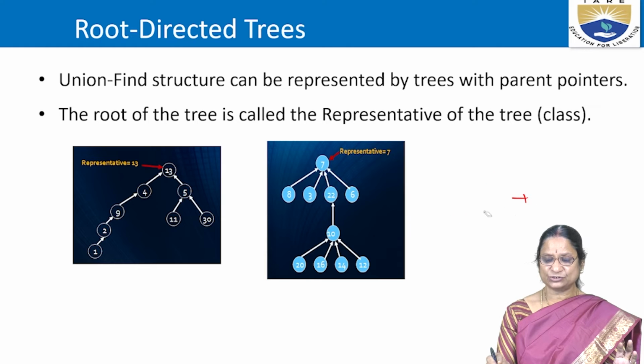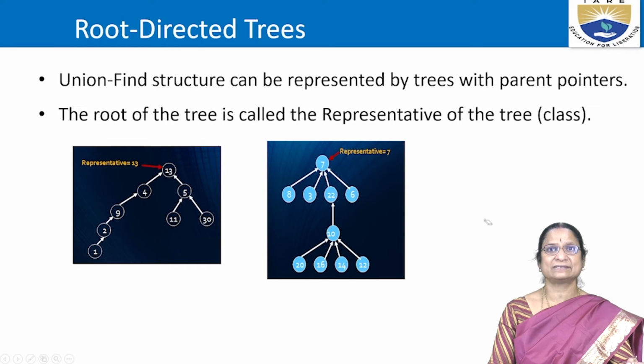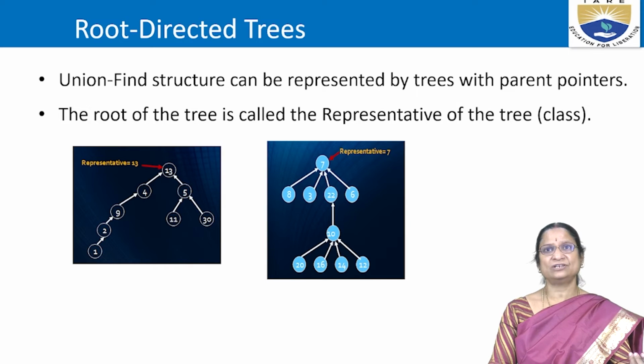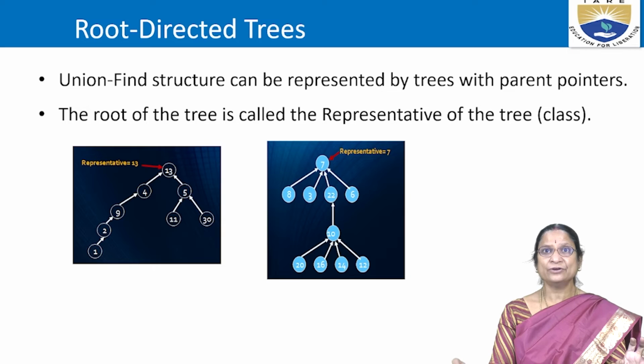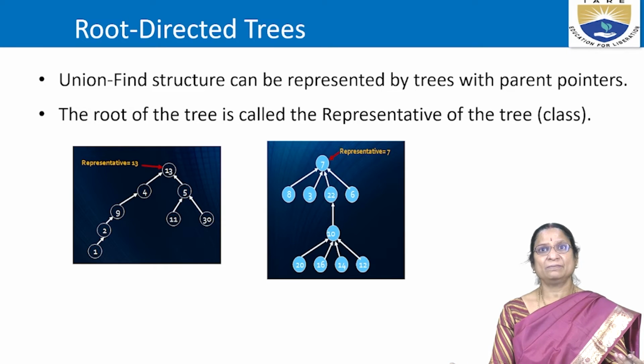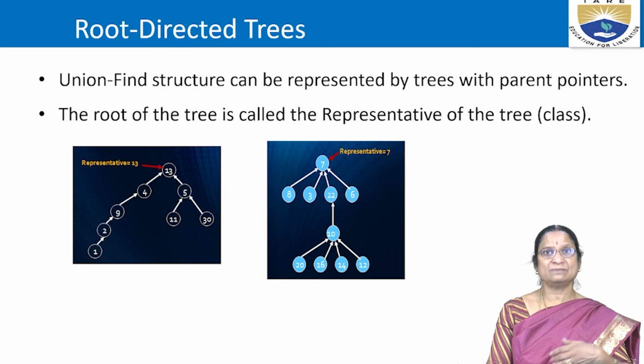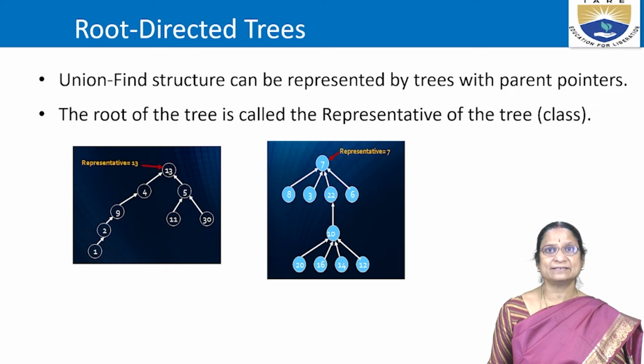But in the case of disjoint sets, if you represent them in the form of directed trees, generally for trees we won't give any direction. Directed and undirected are related to graphs only. For trees the traversal is generally from the root to the children. Reverse direction is also possible, but we won't consider it.